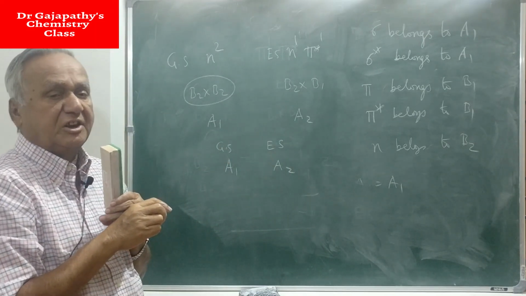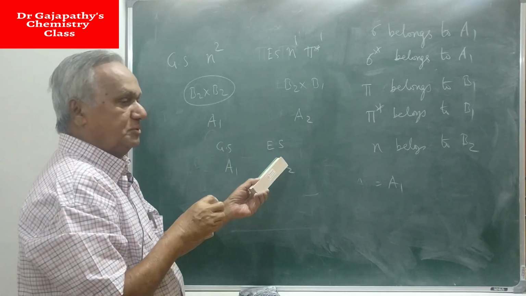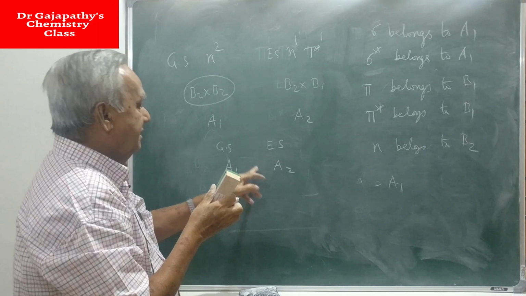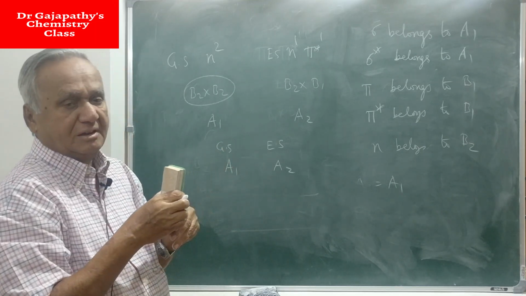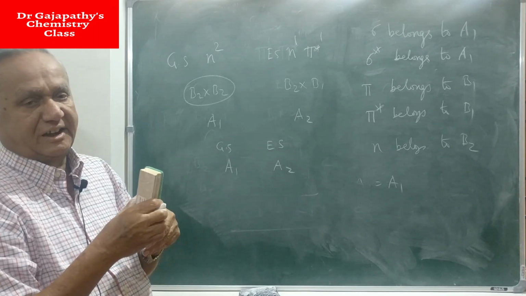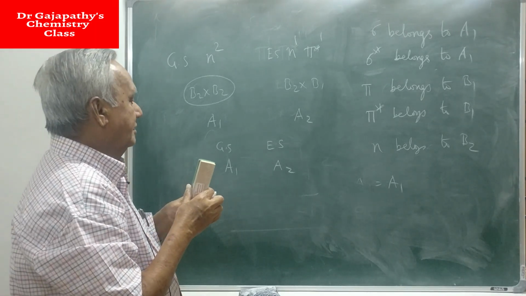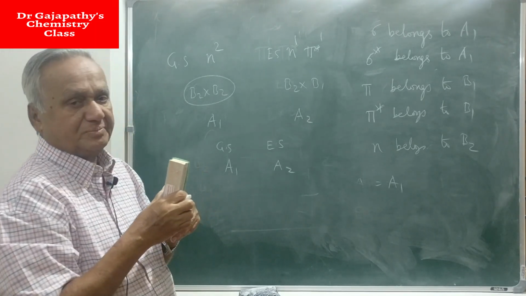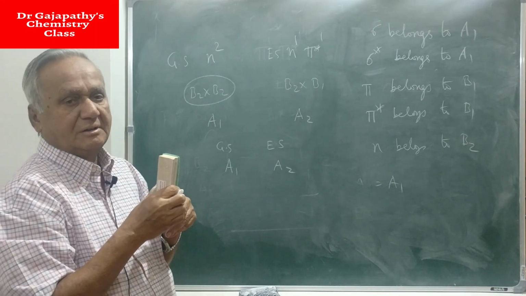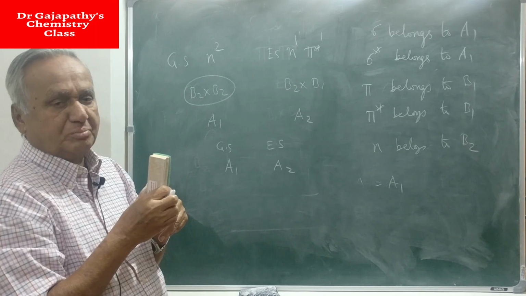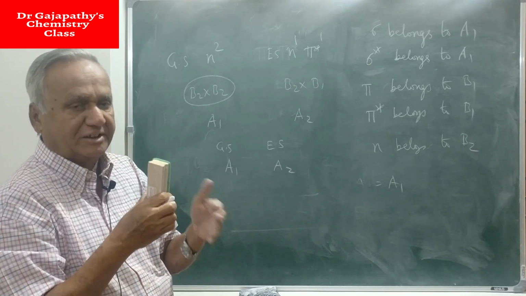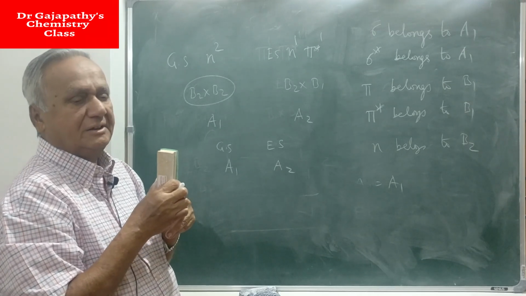Is there any Cartesian coordinate which belongs to A2? Only then A2 into A2 will be A1, A1 into A1 will be A1. If you look at the character table, none of the Cartesian coordinates belongs to A2 type. Z coordinate belongs to A1, X coordinate belongs to B1, Y coordinate belongs to B2. Look at the character table, you can find out that.